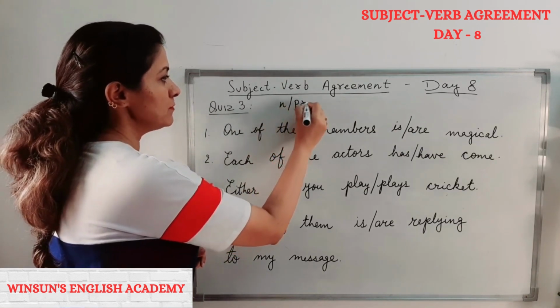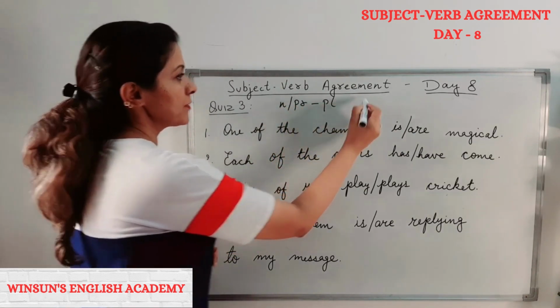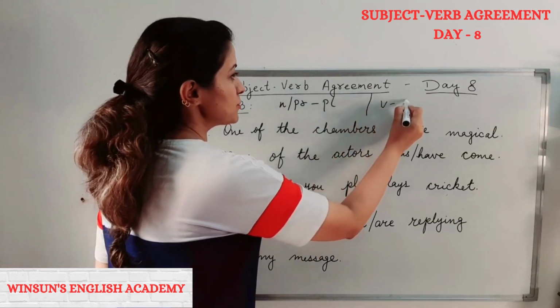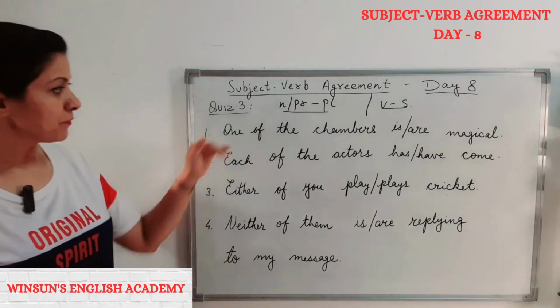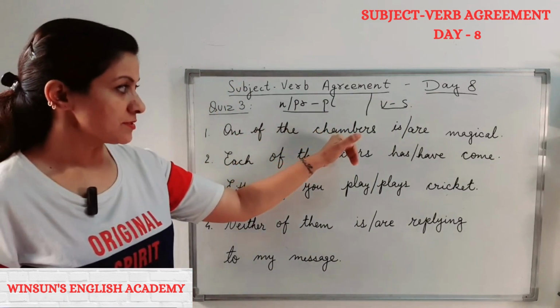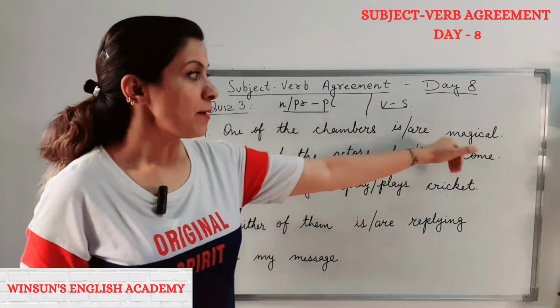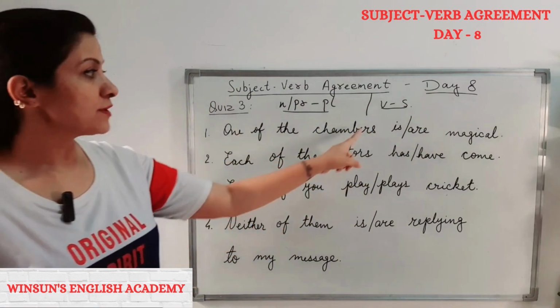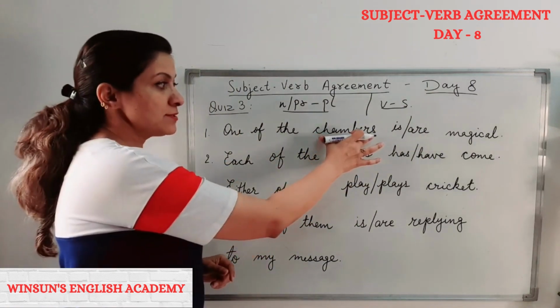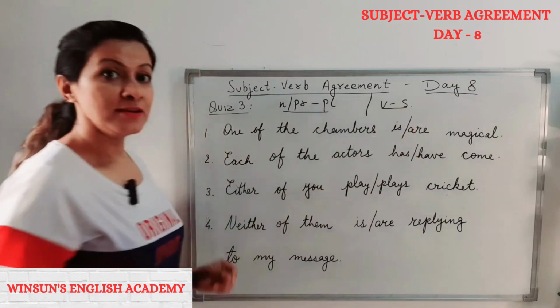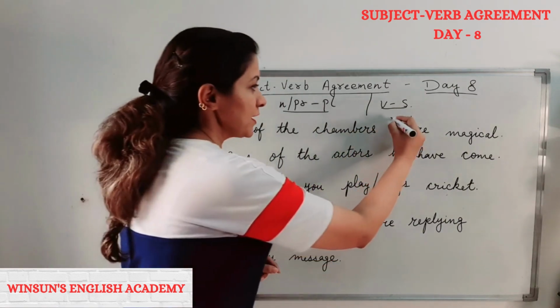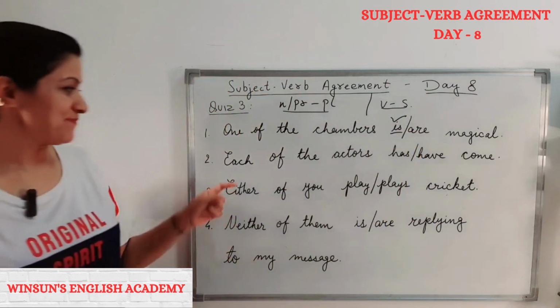Noun, pronoun must be plural and verb must be singular. That's it? Okay. One of the chambers is or are magical. One of the chambers. So chambers, this is plural, fine. Is are, verb must be singular. So is. This is the correct answer.